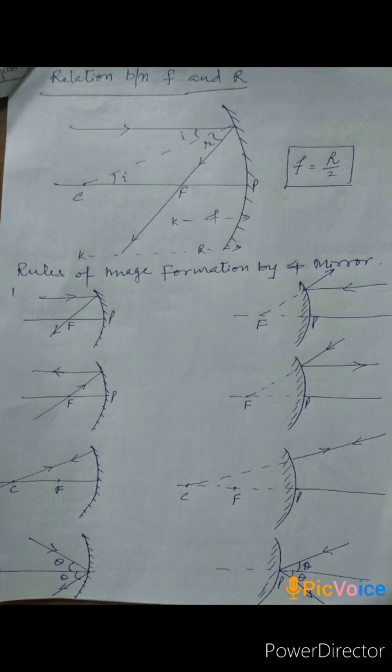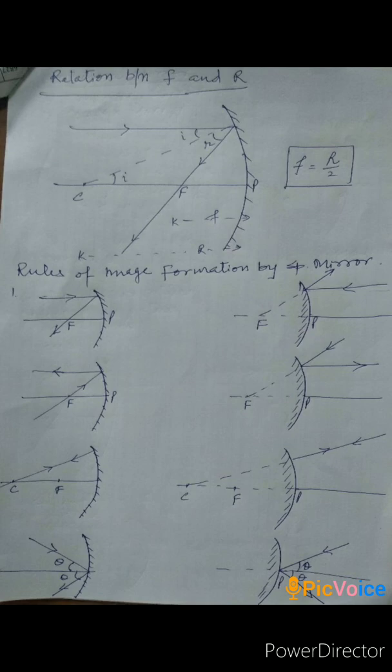Rule number 1: in a concave mirror, the light ray parallel to the principal axis always passes through the focus, while for a convex mirror, the light ray going parallel to the principal axis, after reflection appears to come from a point, that is the focus. Rule number 2: the light ray going through the focus, after reflection becomes parallel to the principal axis in the case of a concave mirror, but in the case of a convex mirror, the light ray going towards the focus becomes parallel after reflection.